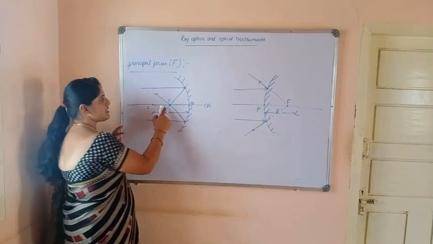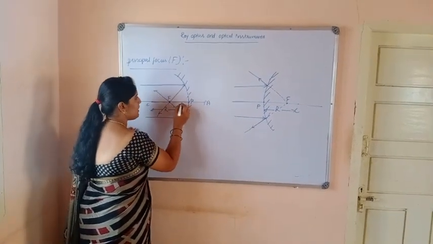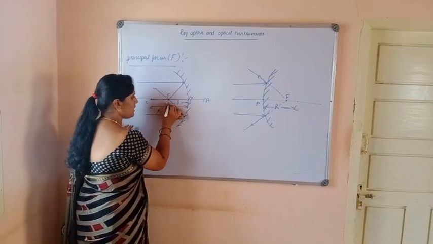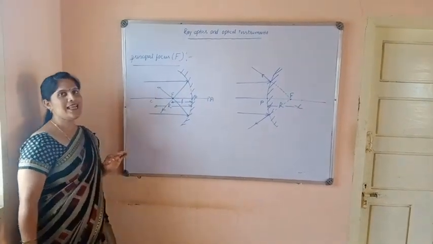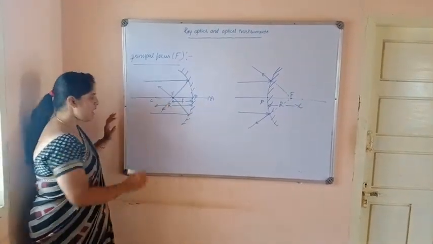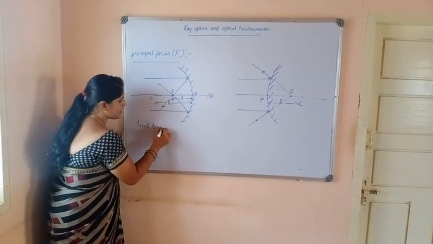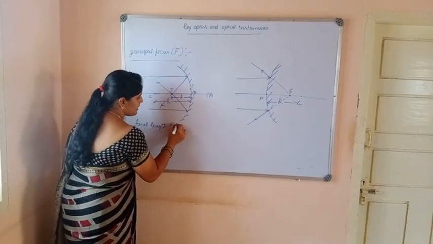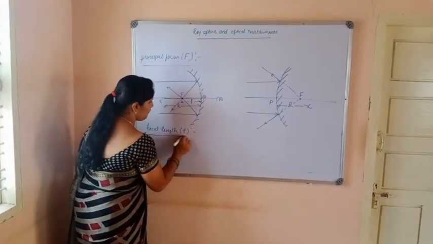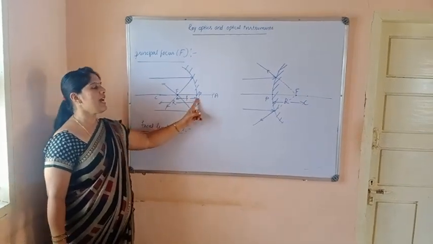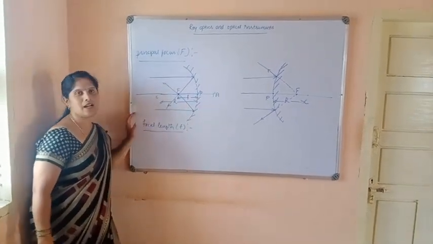Now the distance between the pole and principal focus is known as focal length. It is represented by small f. What is focal length? Focal length is the distance between the pole and principal focus.